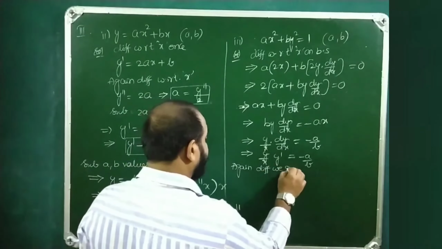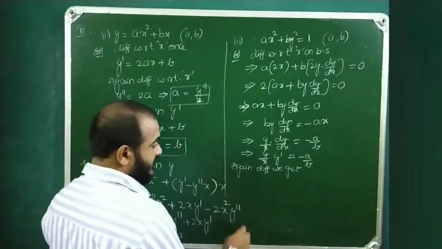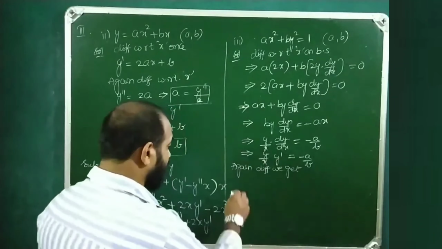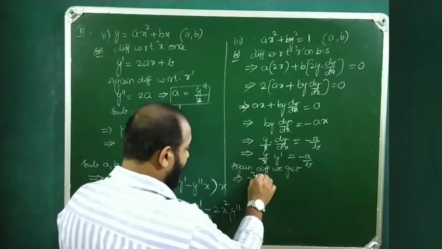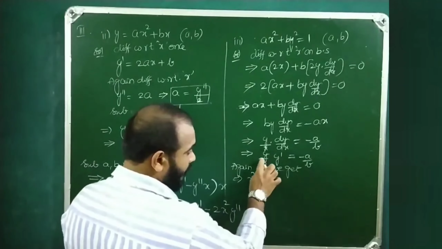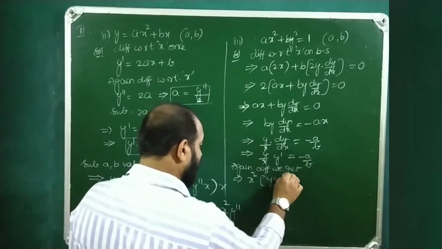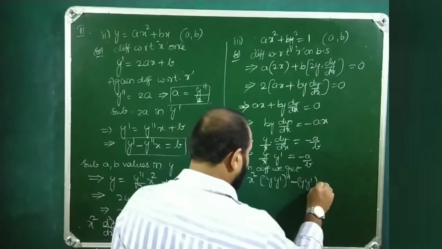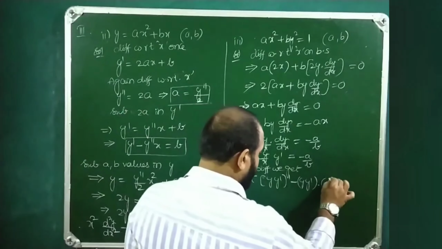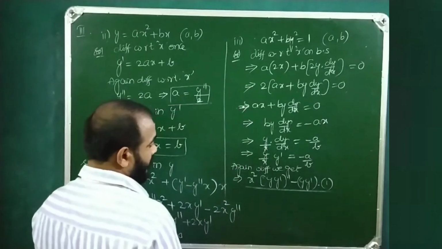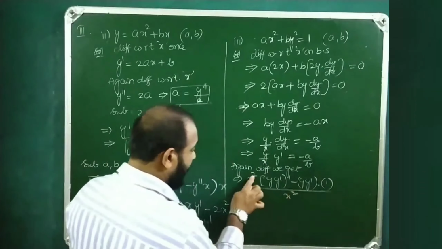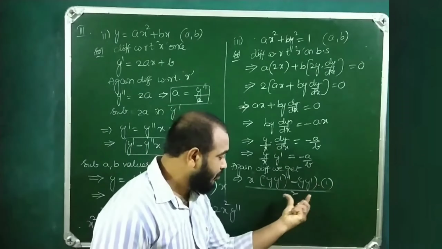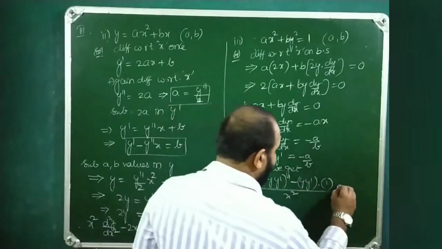we get, this is y'/x, which is u by v. So using the quotient rule, (v u' minus u v')/v², that is d/dx of this, y' whole dash, minus y' into d/dx of x, which is 1, by x². Here this is x, because the constant derivative is 0 here.